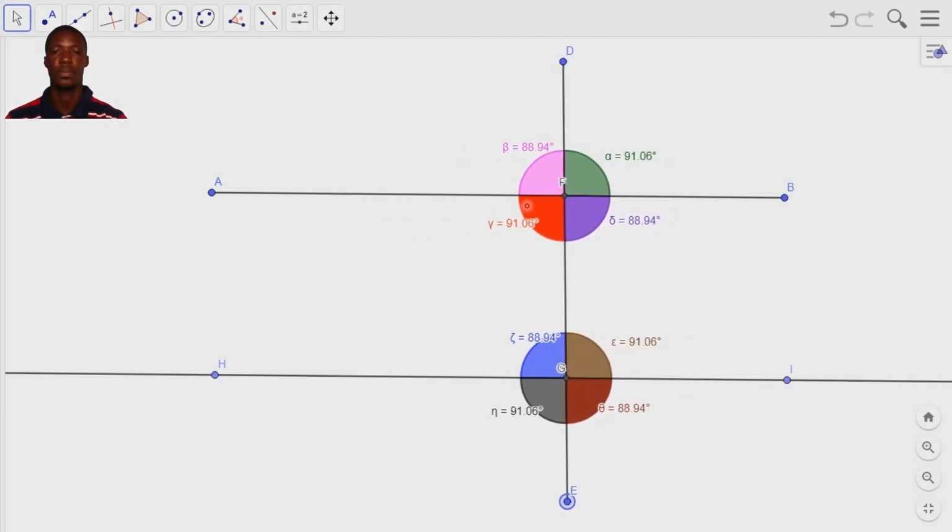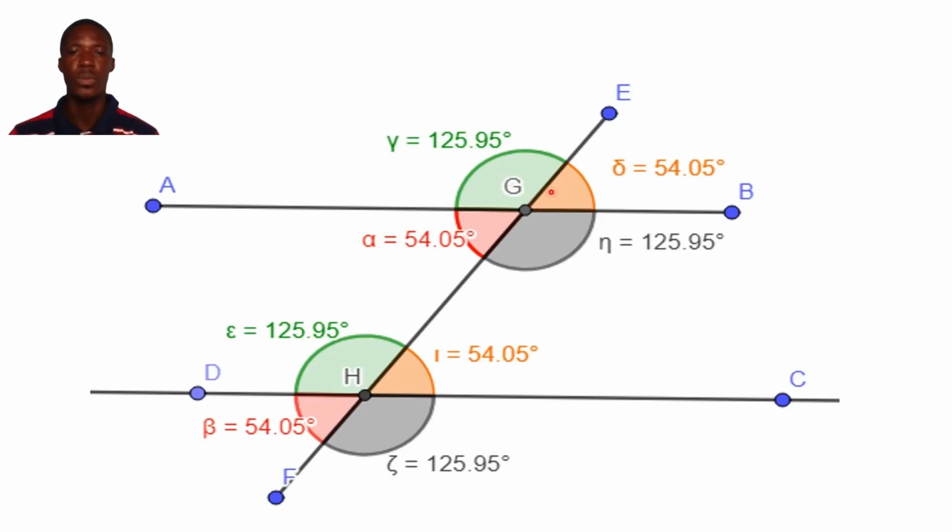Okay, now I've used the same color to indicate corresponding angles, and so when you look at this angle and this angle which share relative positions, we see the values to be equal. So we have 54.05 degrees and then 54.05 degrees on both angles.